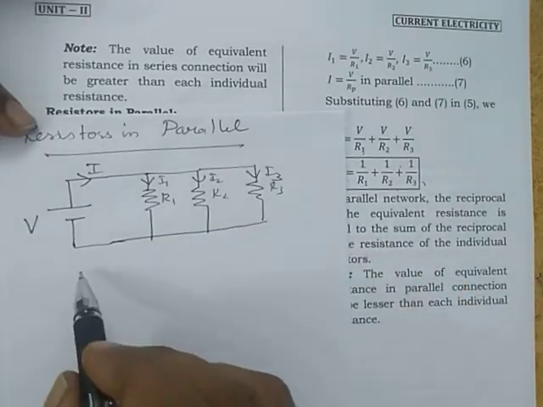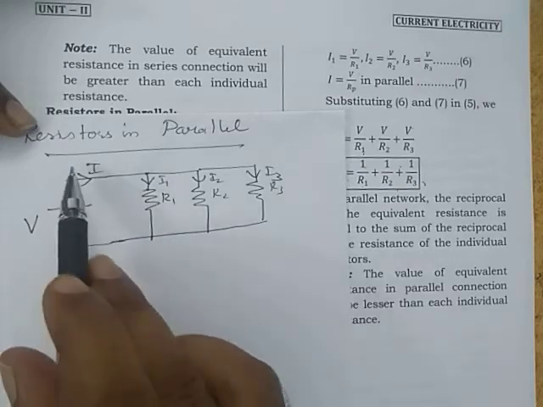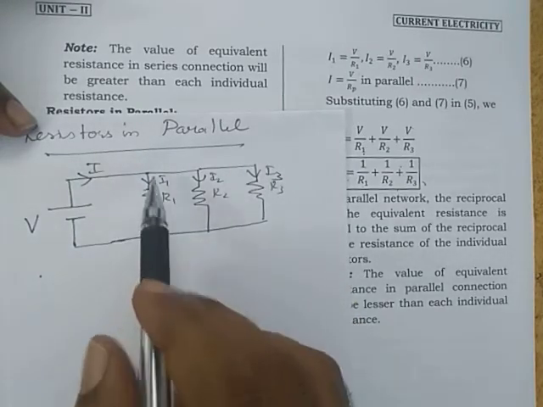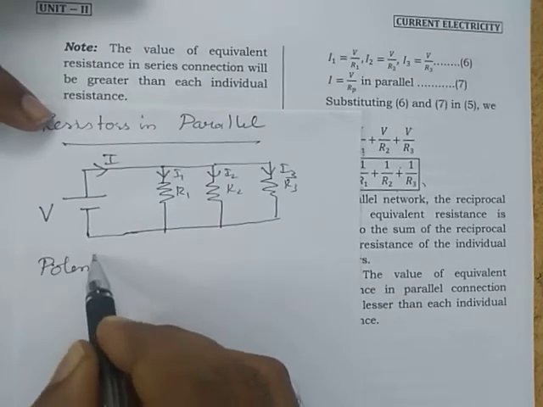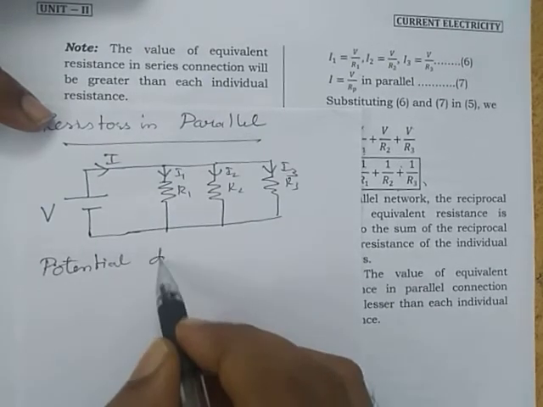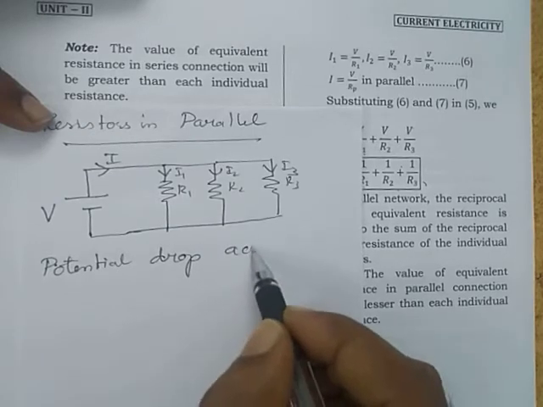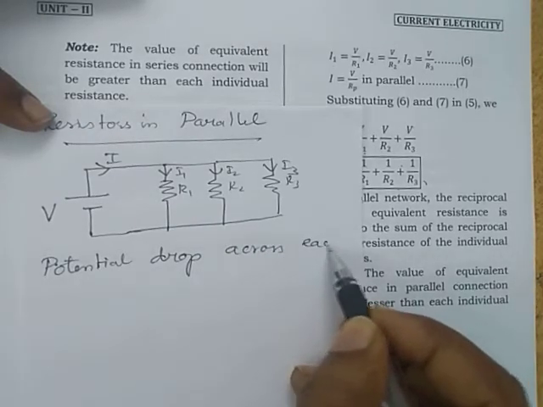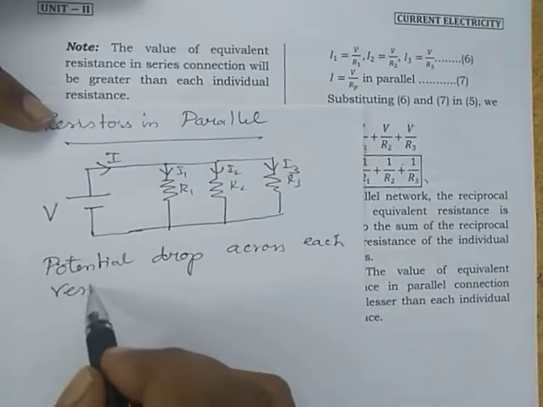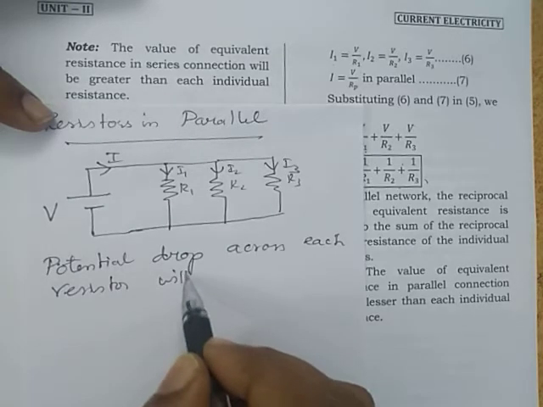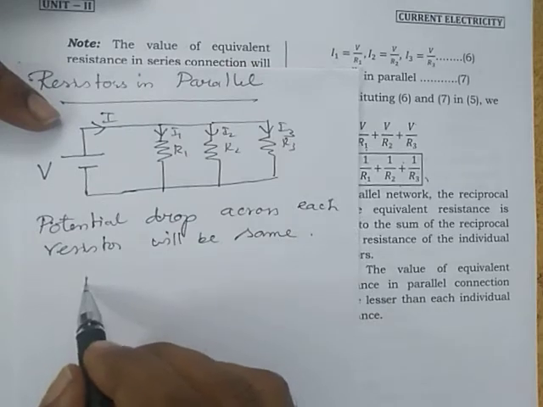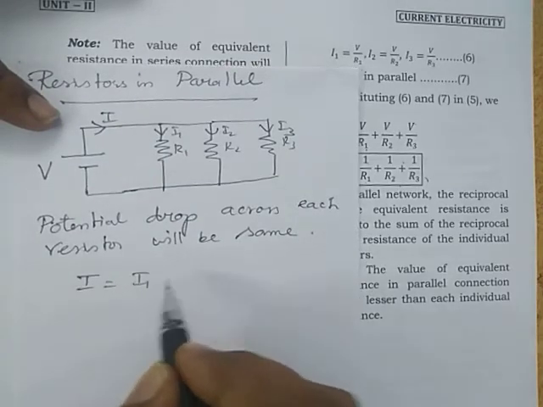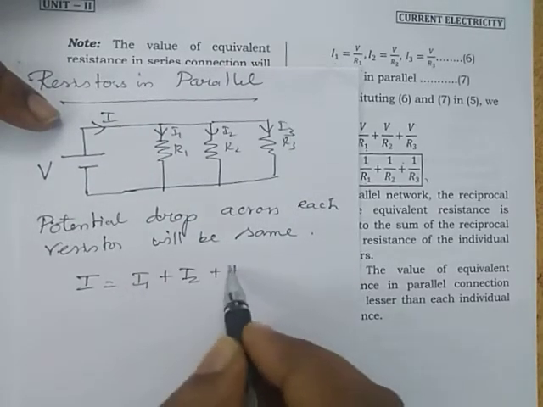Here it is a parallel network, so the potential drop across each resistor will be the same. So the current I is equal to I1 plus I2 plus I3.